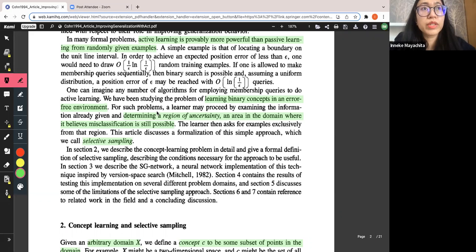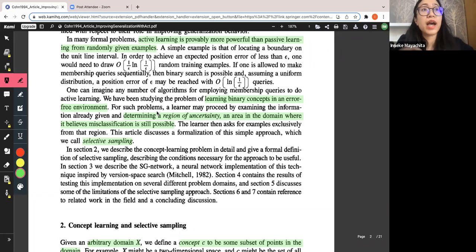I'm sorry, so we divide the area in the hidden representation to say that if an example is inside this region of uncertainty, the model might misclassify it. So we want to sample our training examples from those areas, and by reducing these areas of uncertainty, we sample better examples.